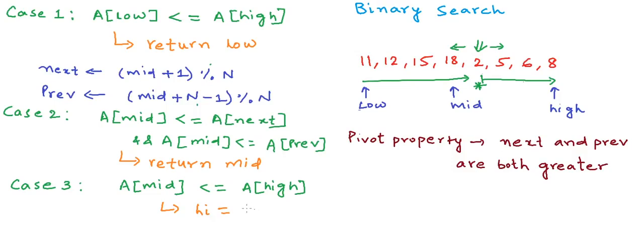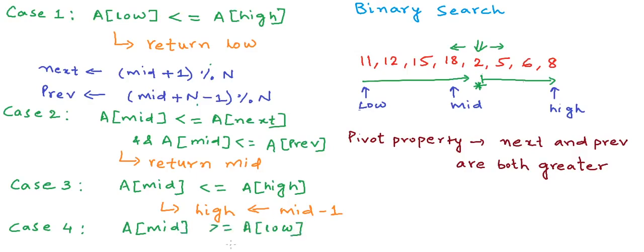So we will adjust high to mid minus 1. And case 4 would be when the mid element is greater than or equal to the element at the lowest index. Now in this case, it is not possible that the pivot is in the left, so we will go and search in the right. So we will adjust low to mid plus 1.